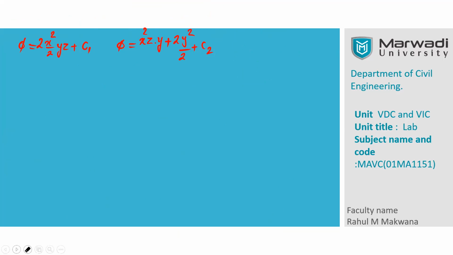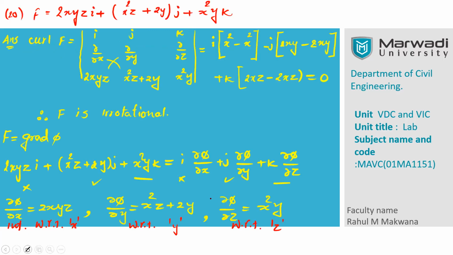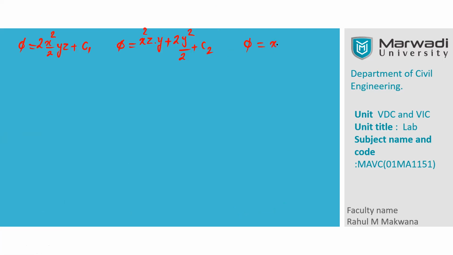And for the third, integrating with respect to z, both are constant. So x square y z plus c3.